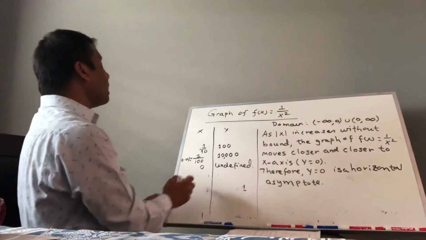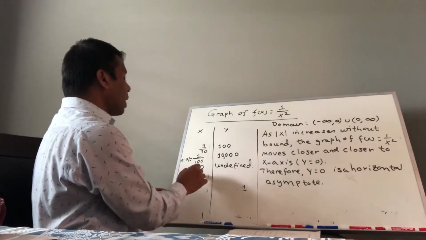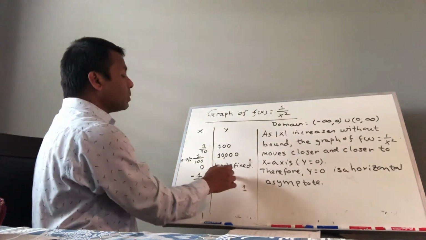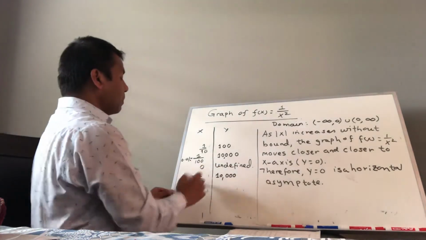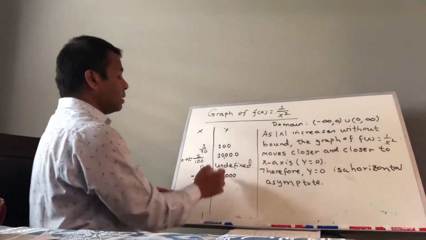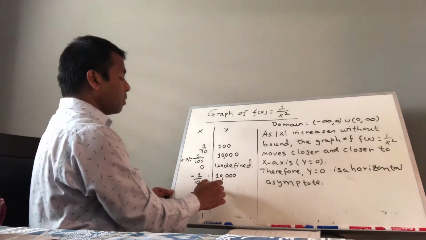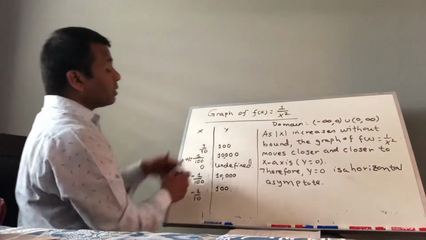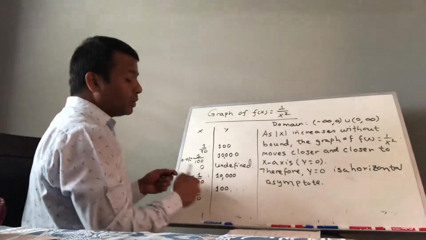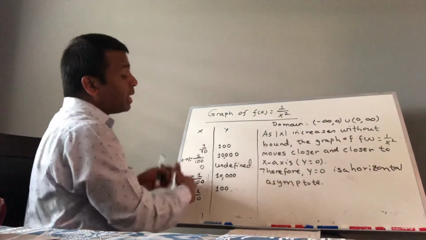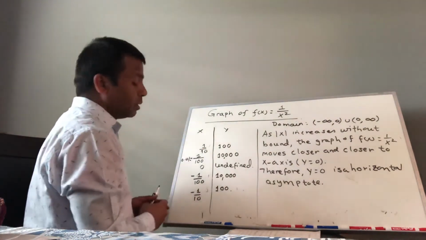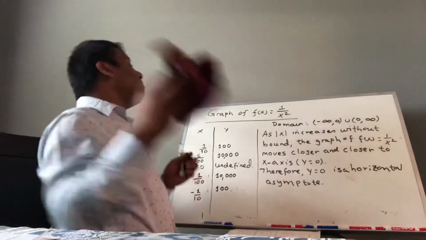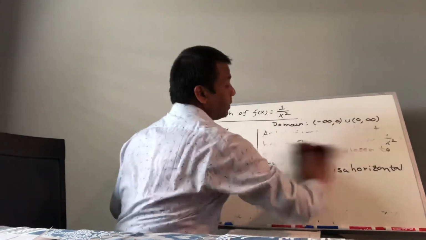Similarly, if I pick the negative value, negative 1 over 100, my y value will be 10,000, and for negative 1 over 10, it will be 100. You see that as the value of x approaches 0 from both directions, the value of f(x) increases without bound, right?